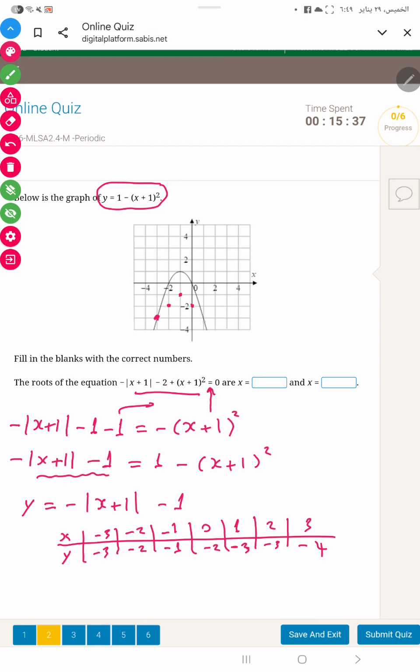So 1, negative 3 is here. Okay, now it's enough. Connect them. If you connect like this, you see that they meet at x equal negative 3 and x equal 1. So here you have negative 3 and 1.